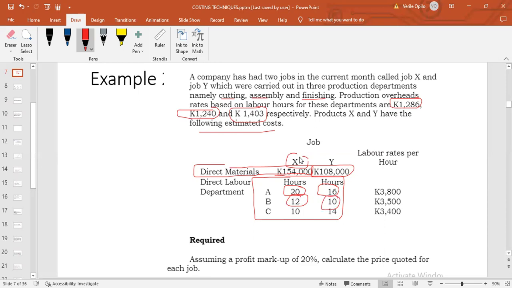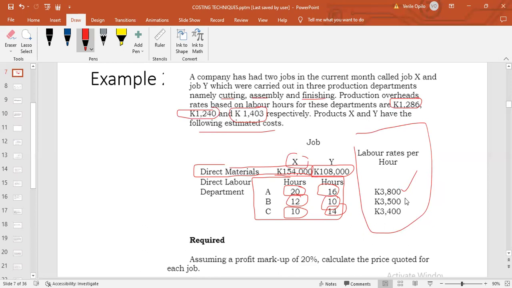In department B, product X spends 12 hours and product Y spends 10 hours. For now, department C, which is the finishing department, the company spends a total of 10 hours in that department and 14 hours in department C. So you've also been given the labor rates per hour, that department A pays a labor rate of 3,800 per hour.